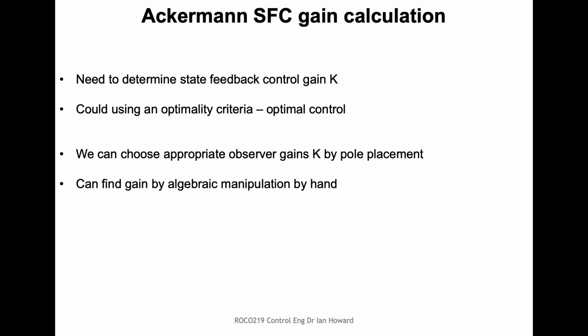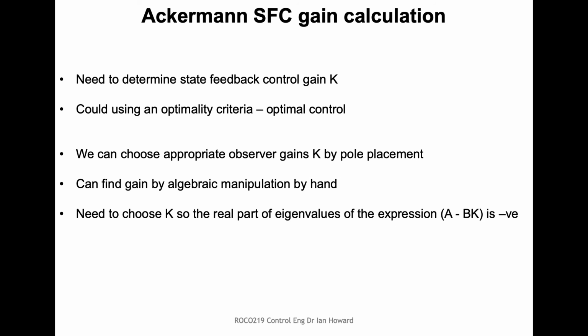But we're going to look here at pole placement, and we can do this by hand if we wish for small tiny systems. The kind of systems you're going to be doing in the exams are going to be that kind of system. And we need to choose K. Generally speaking, we want negative real parts for the eigenvalues, because we don't want anything to go unstable.